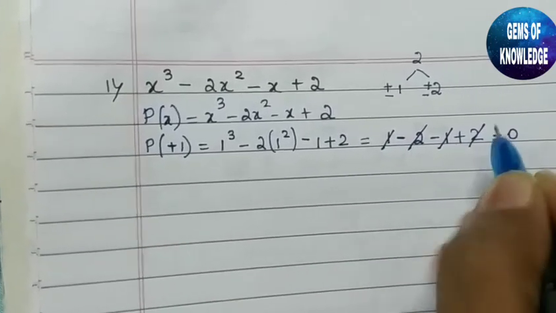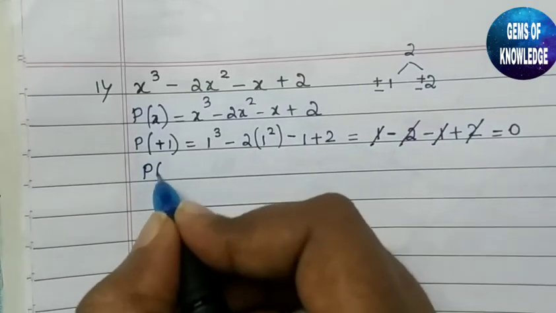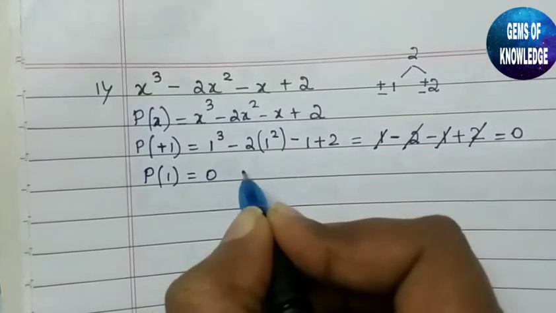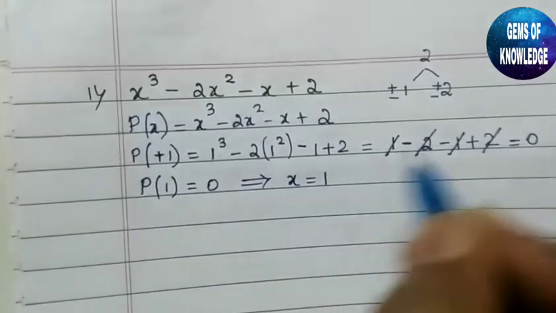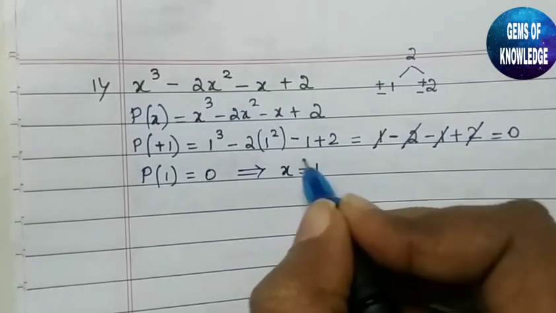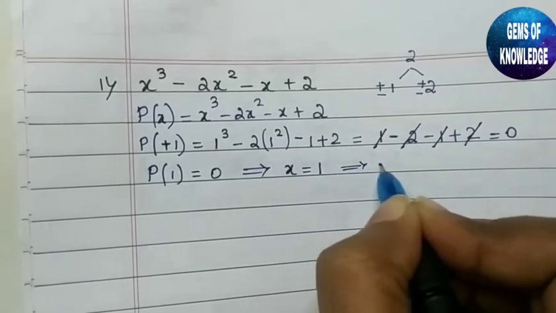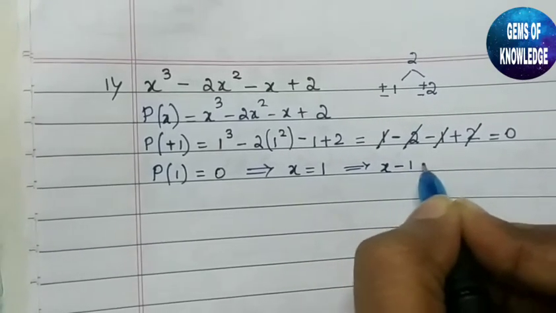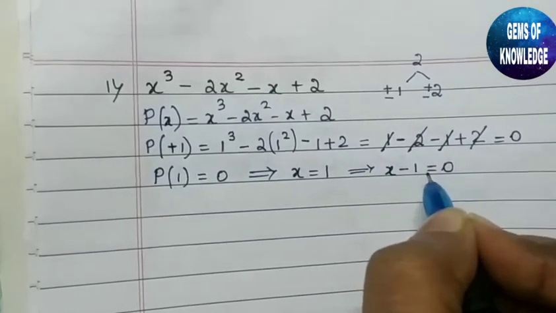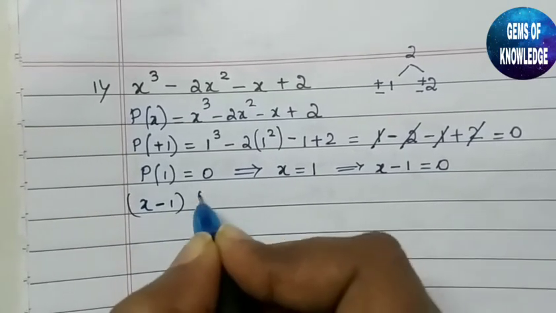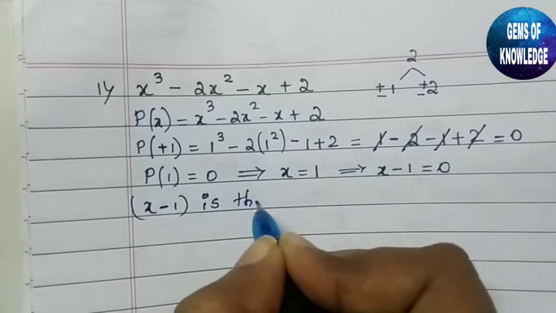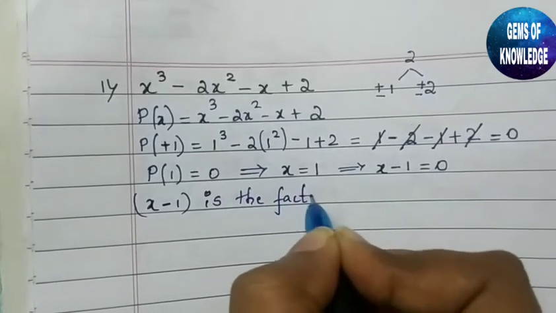So we are getting 0. So p of 1 will be equal to 0. It means x equals 1. If you take this 1 to this side, we get x minus 1 equals 0. So what we should consider here is x minus 1 is a factor of p of x.